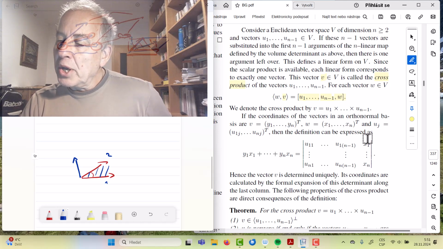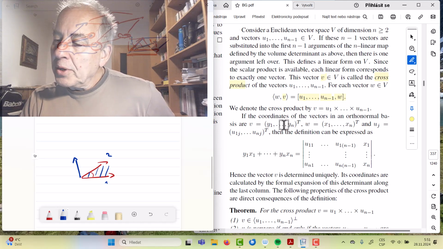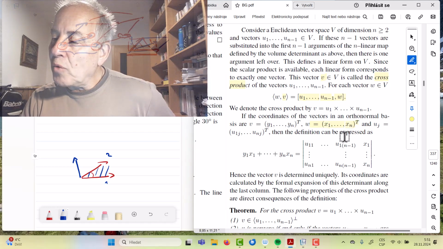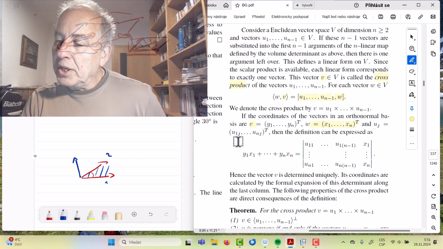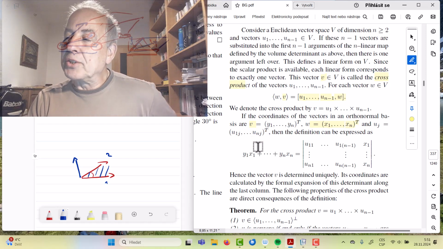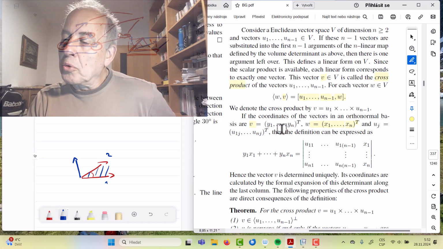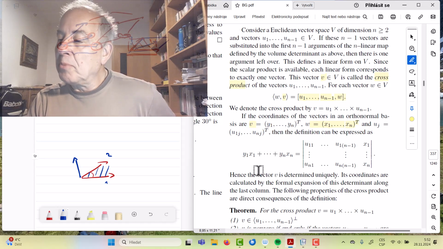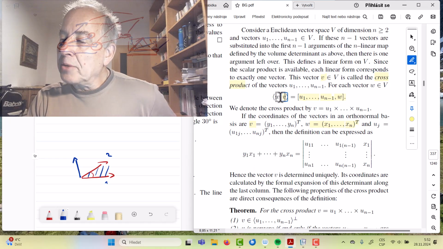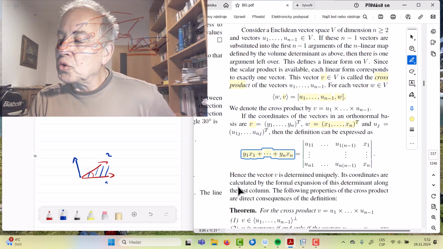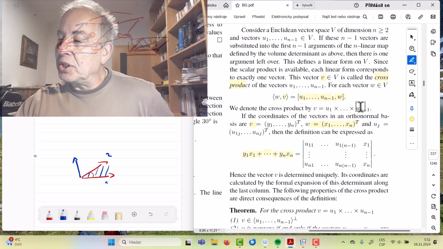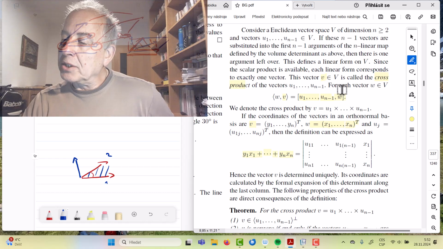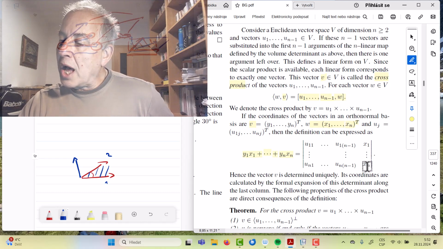And if we just write the arbitrary vector this way, and the cross product, which is defined by the previous n-1 vectors u, as v in coordinates y1 to yn transposed, then we see that the scalar product here just will be this. And on the right hand side we get the determinant expressing the outer product with the w in the last row, right?